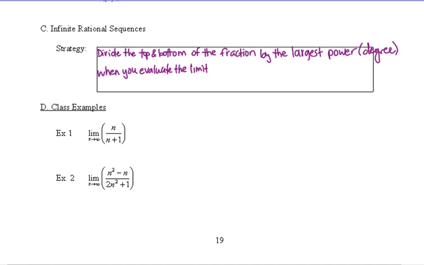There were very few minor mistakes where that happened, and that was wonderful to see, because in previous years that was kind of the issue. When you evaluate the limit, any expression of 1 over, or a number over, n to the power of r will approach 0.